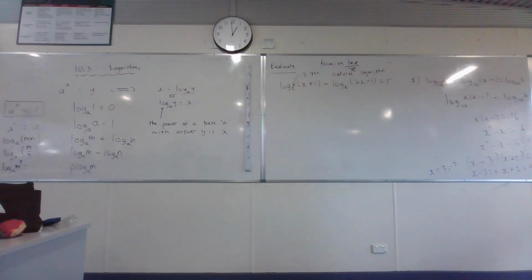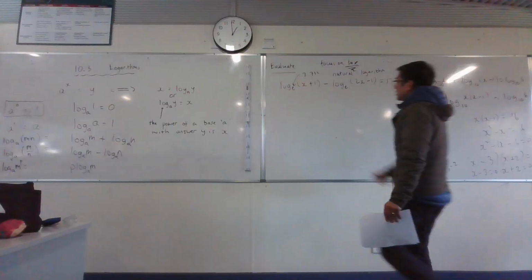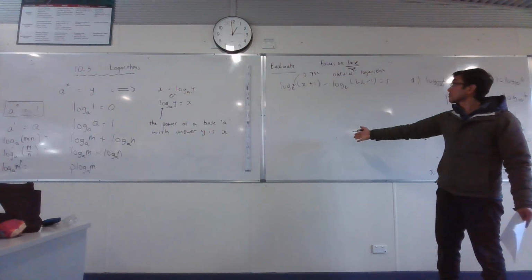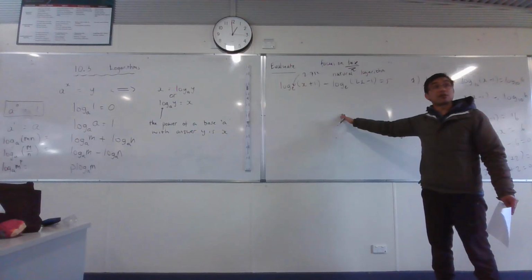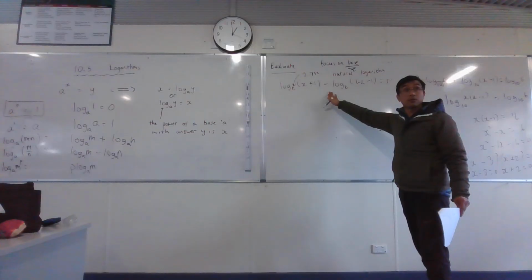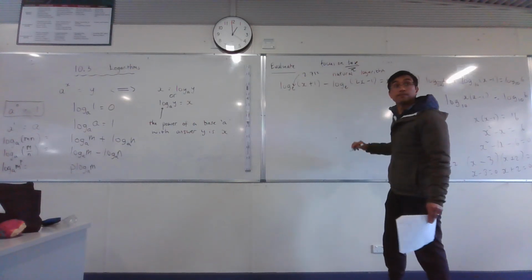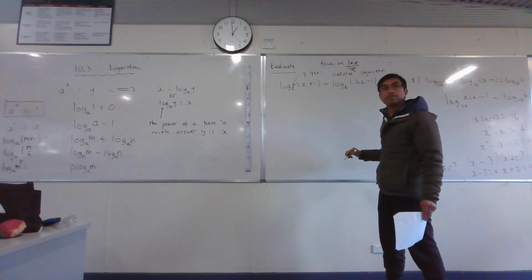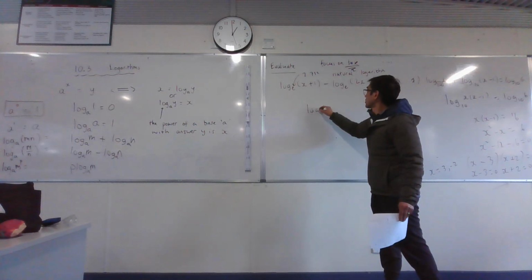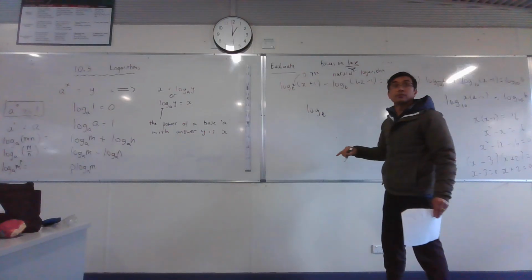So don't assume that e stands for the letter e. Okay. Let's just solve it anyway. I've got a minus. How am I going to rewrite this, Zaid? If I've got a minus in between two log e's, what am I going to do with these two? Take them away from each other? No.